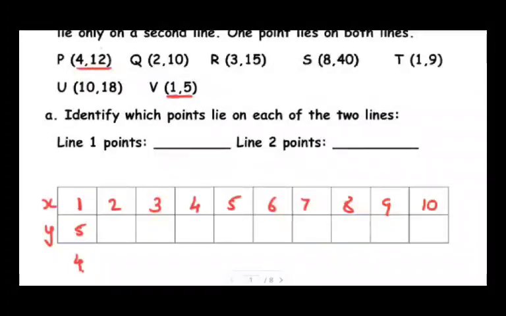This gives me a difference of 8. 3 and 15 gives me a difference of 12. 8 and 40 gives me a difference. So these two, apparently P and Q, look quite similar to me.